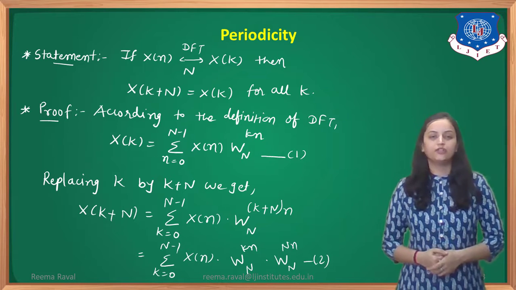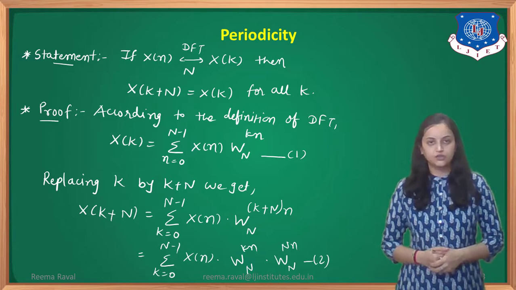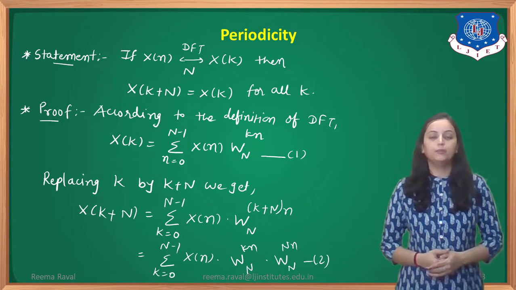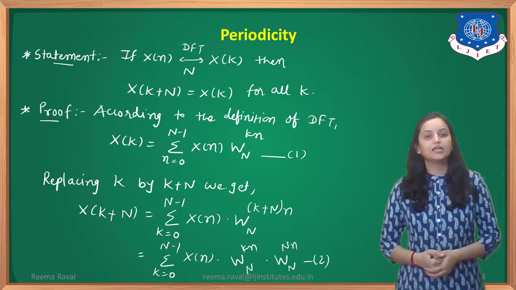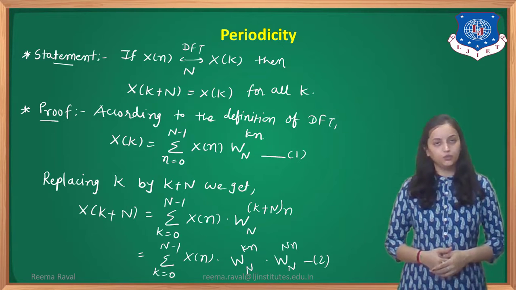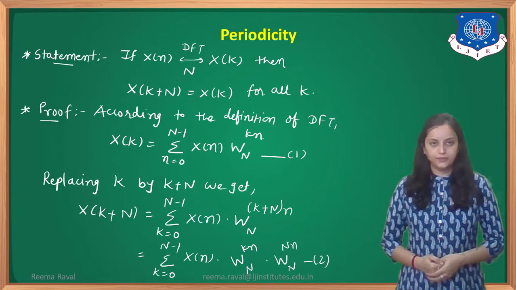According to the definition of discrete Fourier transform, we know that the formula is X of k equals summation of n equals 0 to N minus 1 x of n into W_N^{kn}, where W_N^{kn} is a Twiddle factor, or as you can say it is e raised to minus j 2 pi kn by N. Let us denote it as equation number 1.